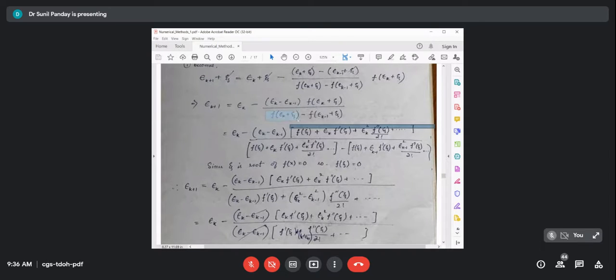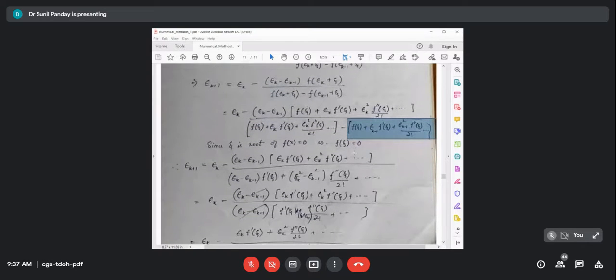Similarly, in the denominator we also do the same thing: f of epsilon k plus xi minus f of epsilon k minus 1 plus xi, and we expand both with the help of Taylor series expansion about the point xi. So the expansion of this about the point xi, we have this one, and similarly we have this one.